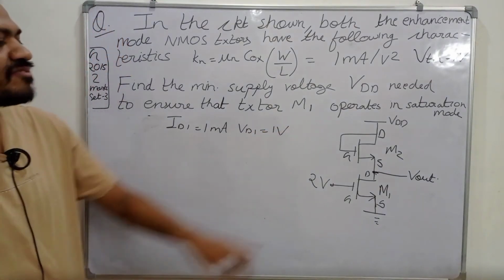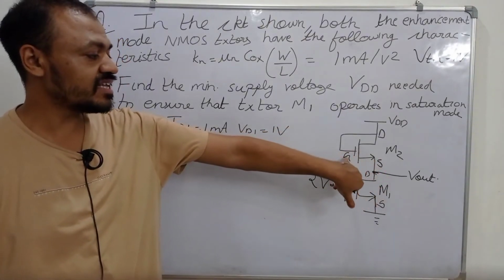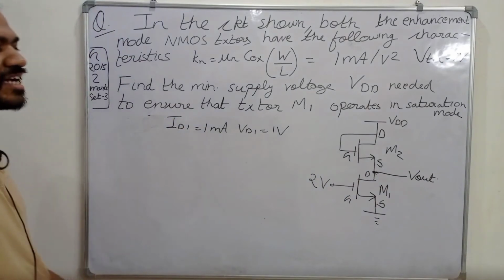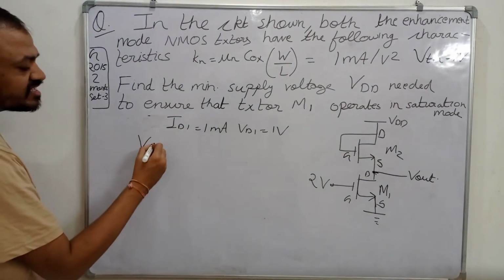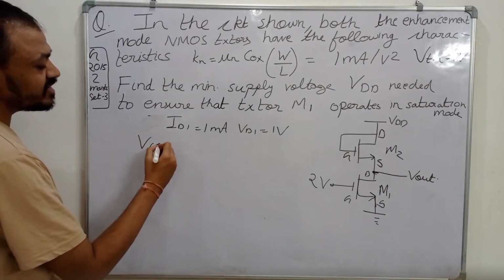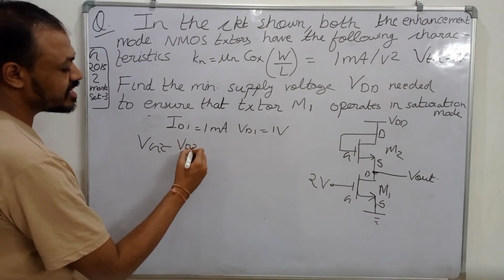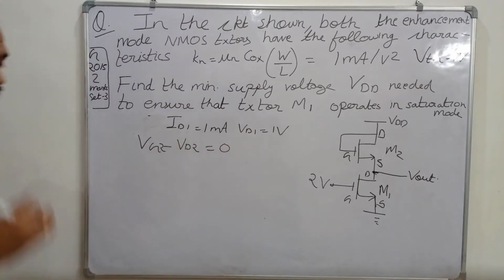Now if you see, the gate and the drain of this NMOS are shorted. So VG2 minus VD2 is equal to 0.